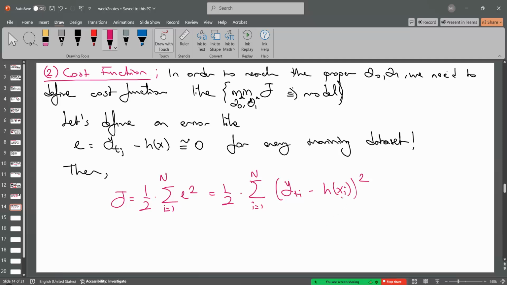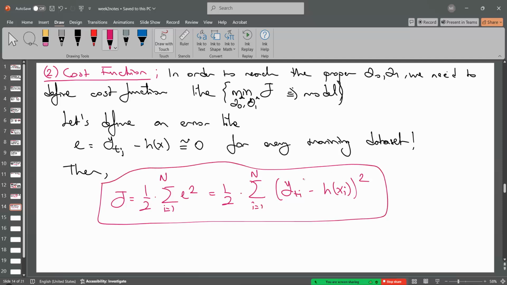Okay, and so if the h(x_i) function is equal to y training i, then we can say our training is done or complete. If this energy form is minimized, just like the earlier Lagrange equation, then we can build our model itself. Okay, any question?